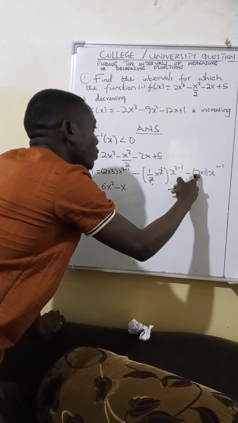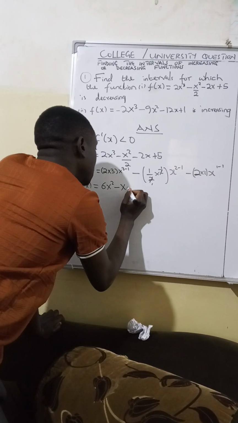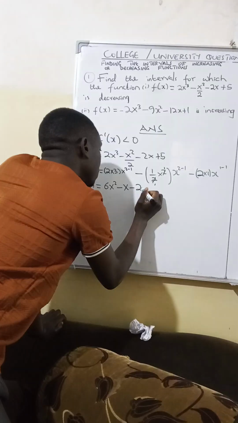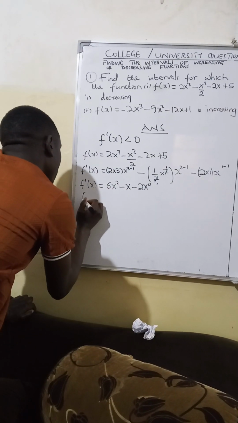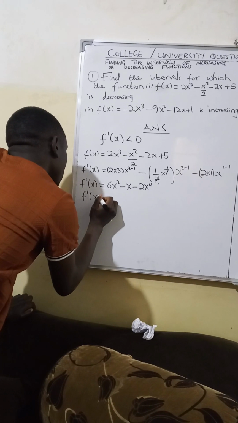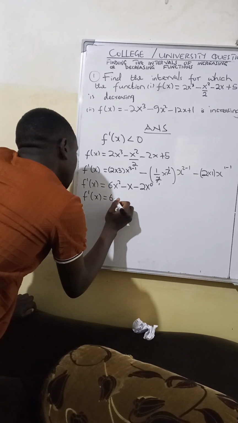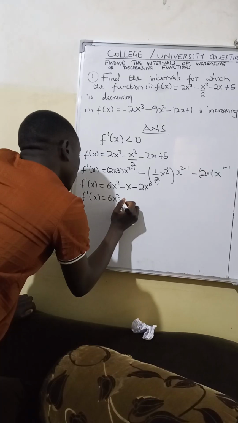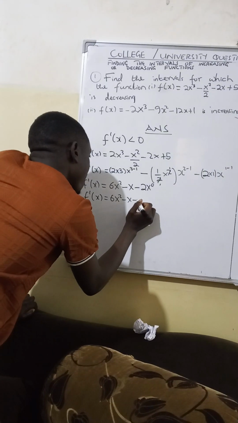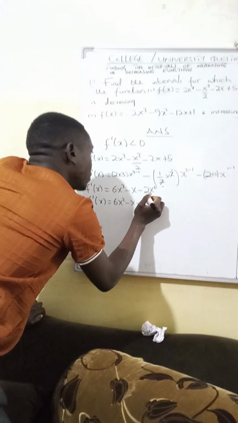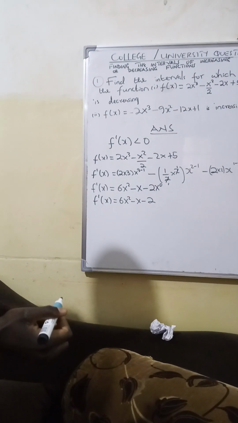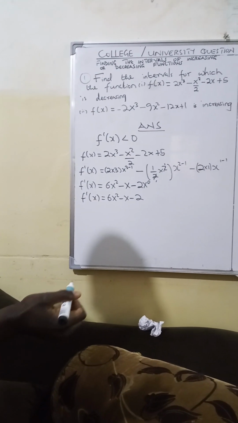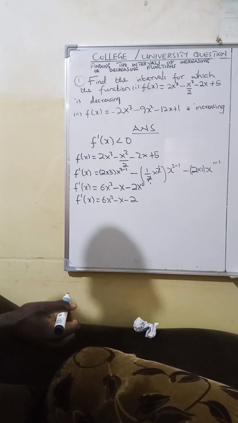Then negative 2 times 1, I'll just get 2. Then x to the power 0. I know that any number raised to the power 0 is 1. So it is 2 times 1, I'll just get 2. So this is my f prime of x.